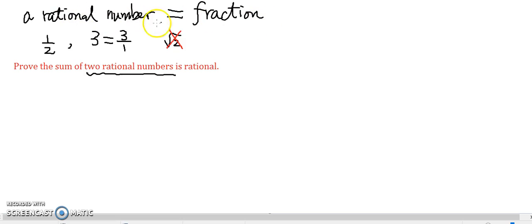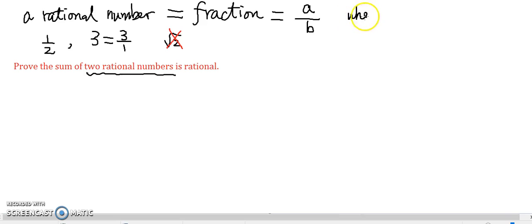And so because a rational number is a fraction, how do we describe a fraction? Again, because it's not telling us which two fractions, it's just any two fractions, we have to use a over b to describe a fraction, because any fraction will be in this form.